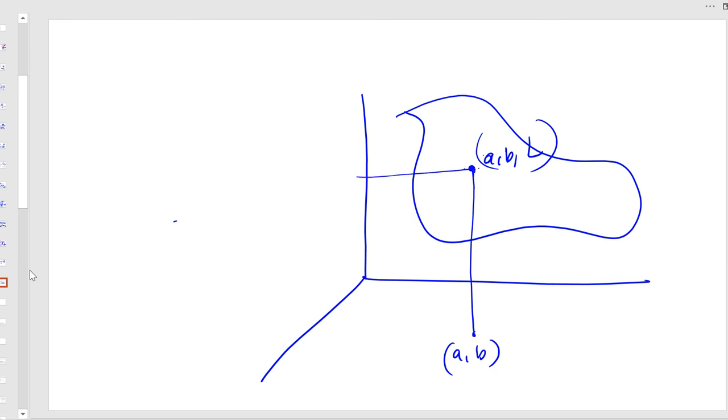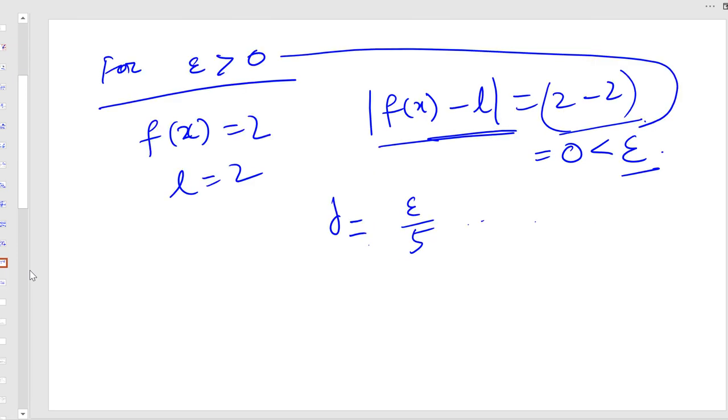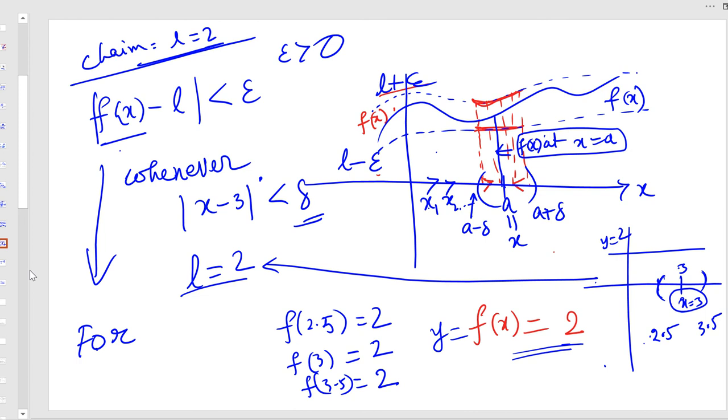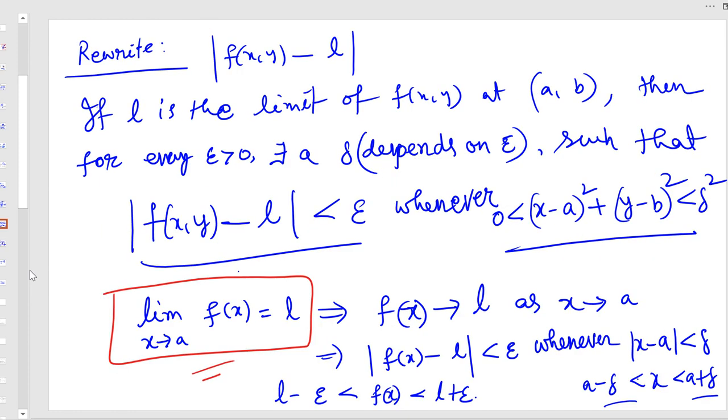But like I said, in the one-dimensional case you can go either from the left side or the right side. That is why we have taken only the absolute value. But when it comes to the two-dimensional case, we have to take all the directions.